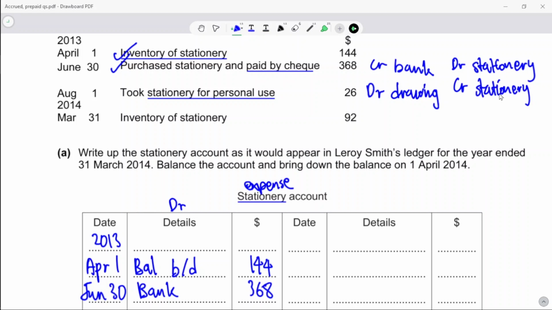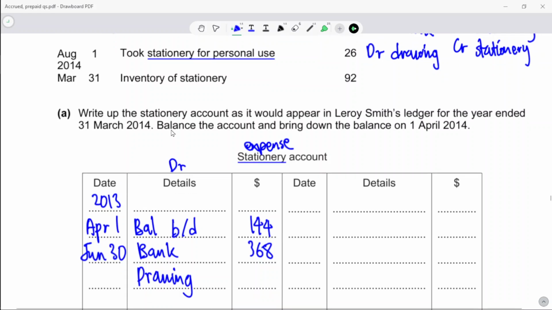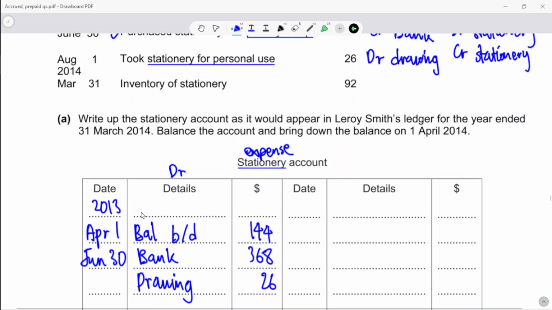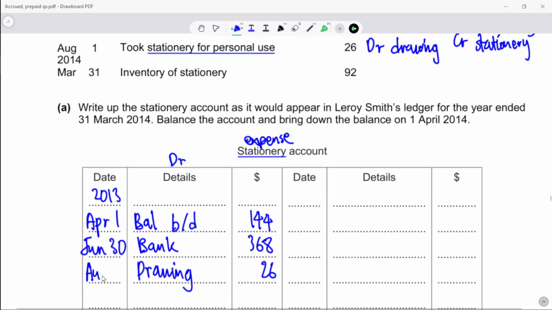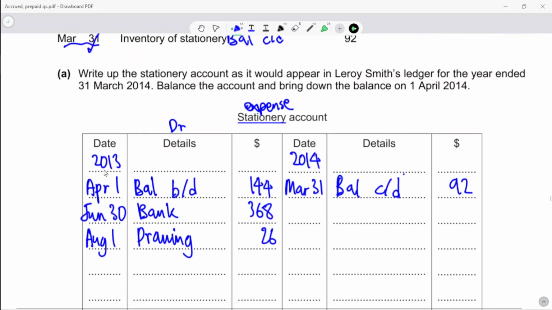Stationery, debit drawing, 36. And at the year end there is balance CD, on the opposite side, 92. So you can balance the account.